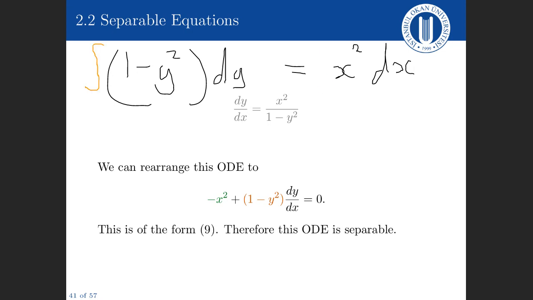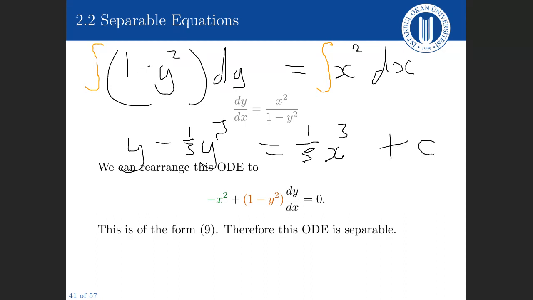So we can put an integral sign on both sides. The integral of 1 minus y squared is y minus 1/3 y cubed, equal to the integral of x squared, that's 1/3 x cubed, and then we need to add a constant, plus c. And I hope you can read this. This is how we get the solution to this differential equation.